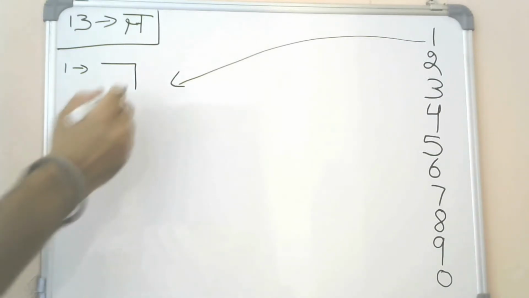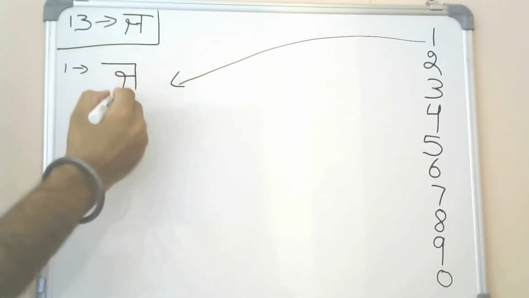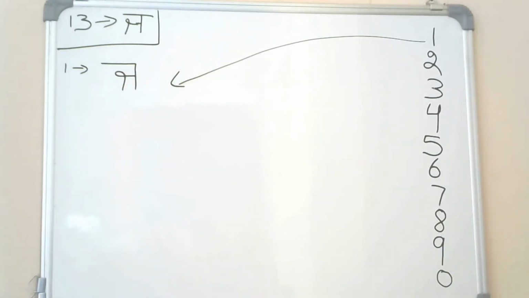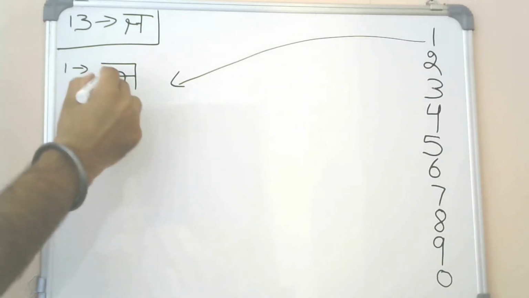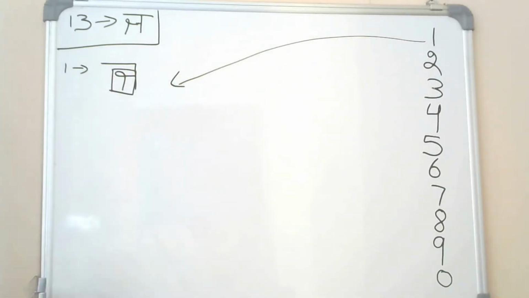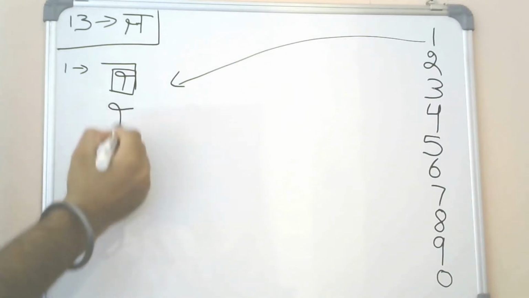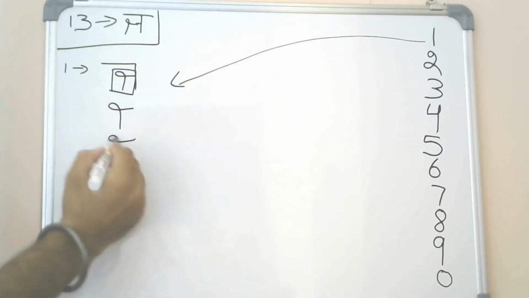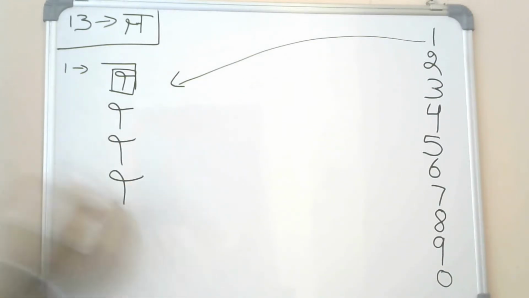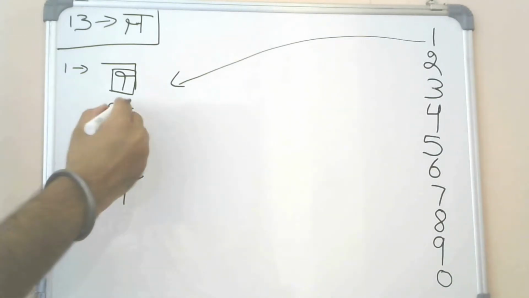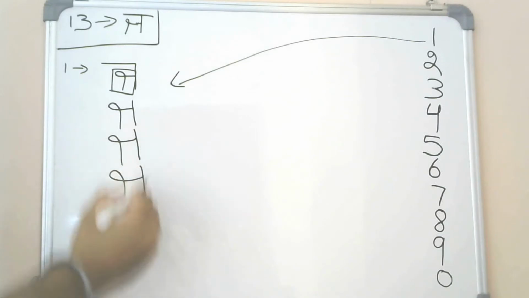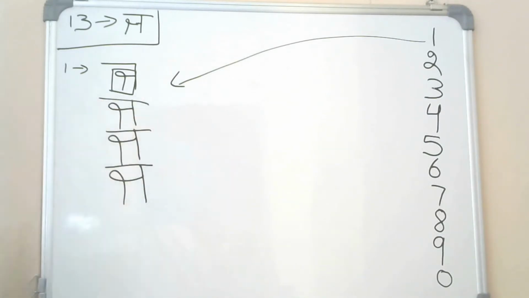Then we will do something like this. Just try to have this thing. You will know how to write it. So it will be something like this. Once you have it, write 1, 1, 1. This will be your letter.